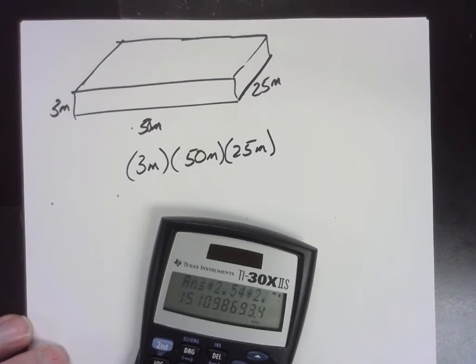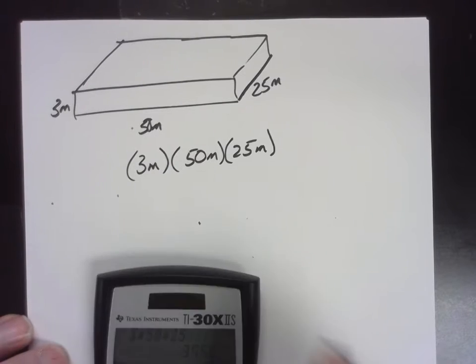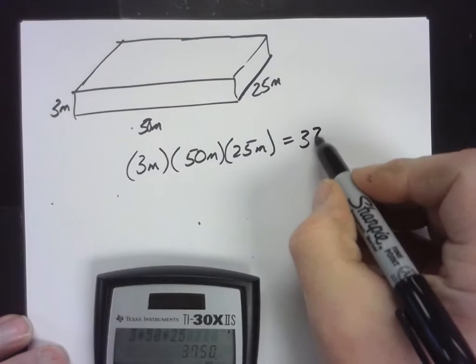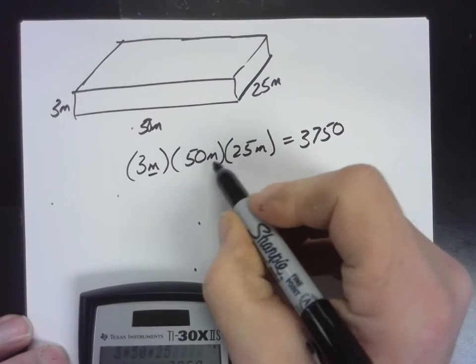So we can take 3 times 50 times 25, and we end up with 3,750. And what about meters times meters times meters?